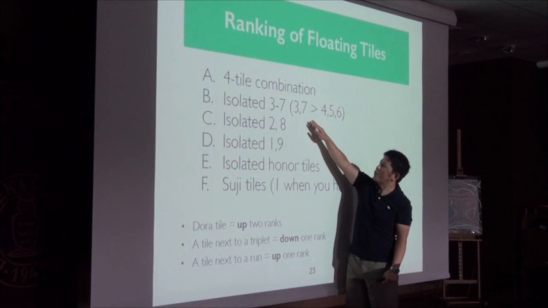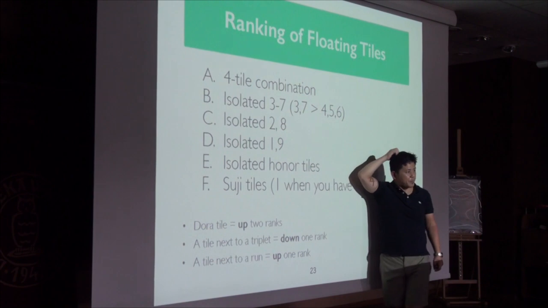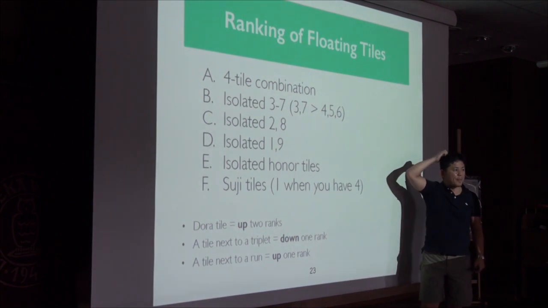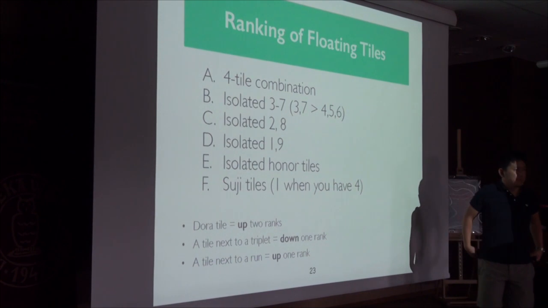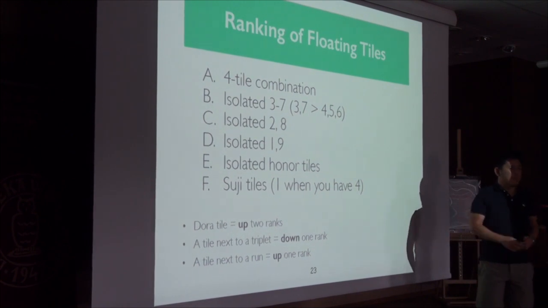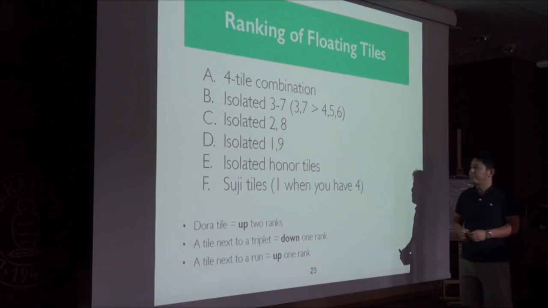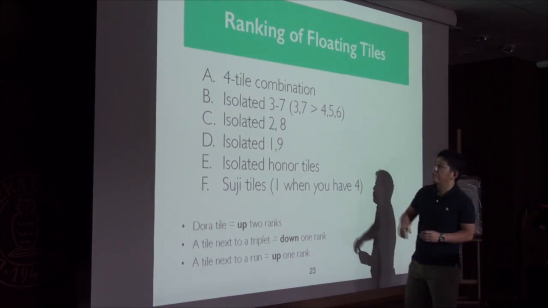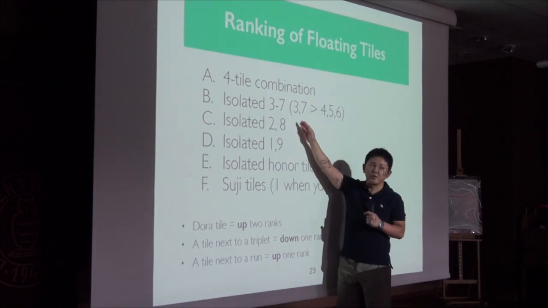Then the question is why 3 and 7 more useful than 4, 5, and 6? I don't know if this is the correct answer, but I remember that waiting for 1 and 4 is better than waiting for 2 and 5 or 3 and 6, right? So there are some ranking among the side weight protons, right?